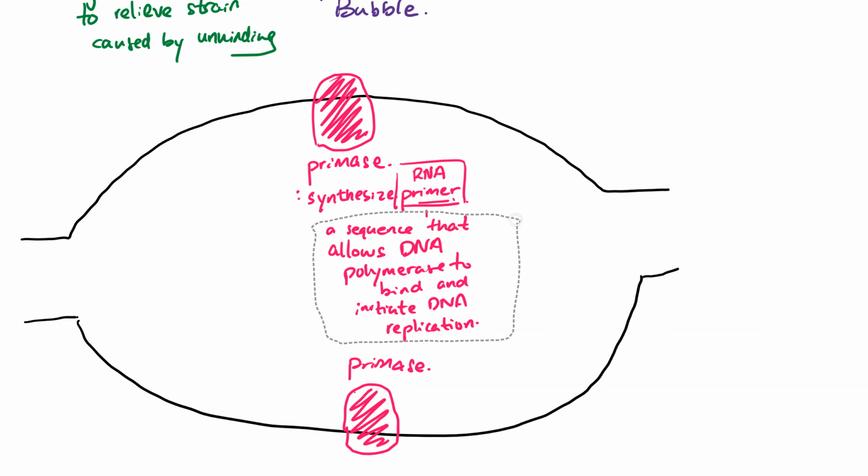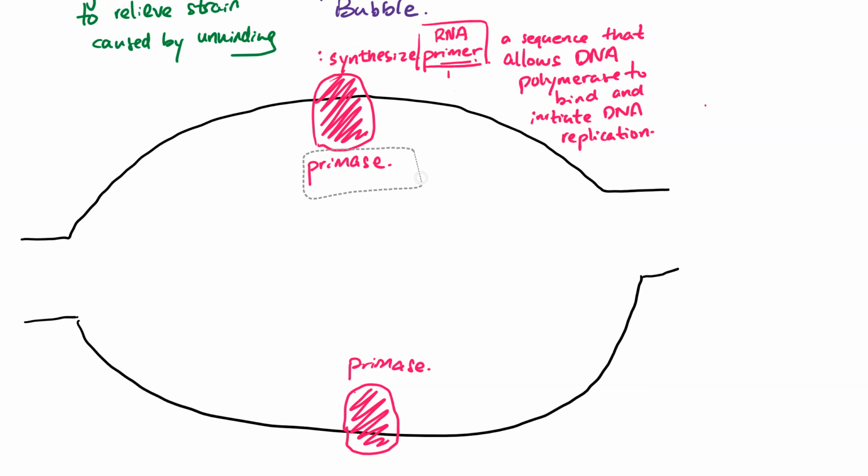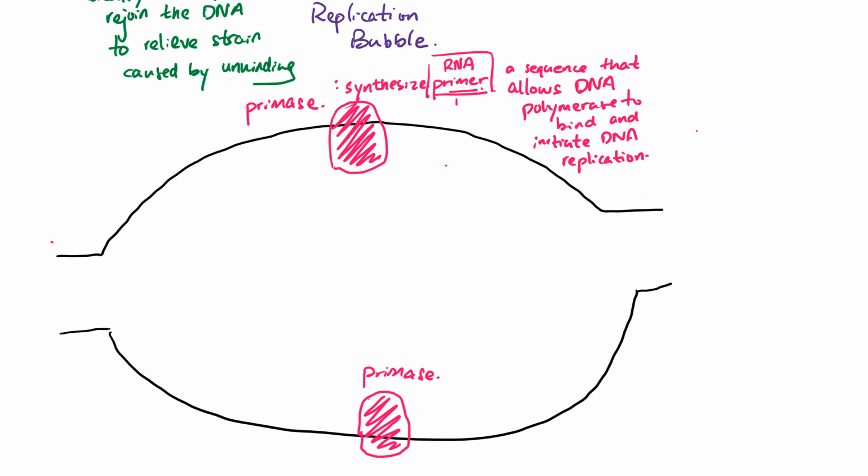I'm going to move this over to here. I'm going to label the primer for the DNA strand. So the primase is going to synthesize a primer. It's very short. It's made of RNA.